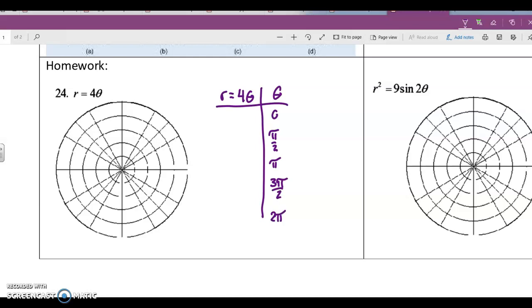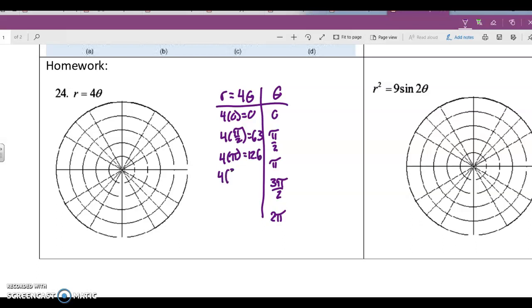Plugging those in, r is equal to 4 times 0 equal to 0. Pi over 2, 4 times pi over 2. Again, I punched these into my calculator beforehand. This is 6.3. 4 pi is about equal to 12.6.